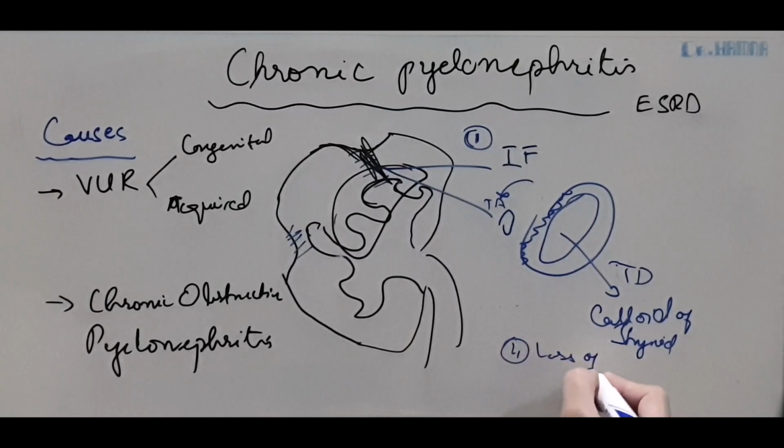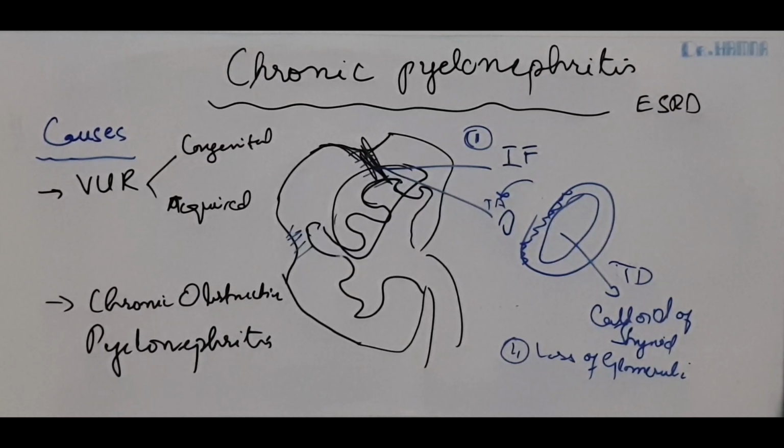Loss of glomeruli means this patient cannot filter the blood, all the filtration mechanism is lost, and he'll have raised serum creatinine level, deranged RFTs, and this will progress to end-stage renal disease needing dialysis and renal transplant.